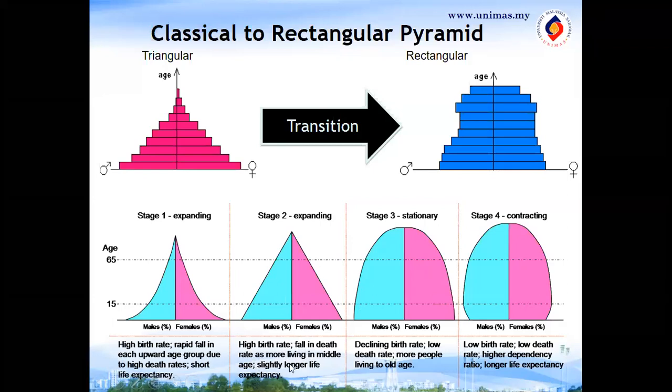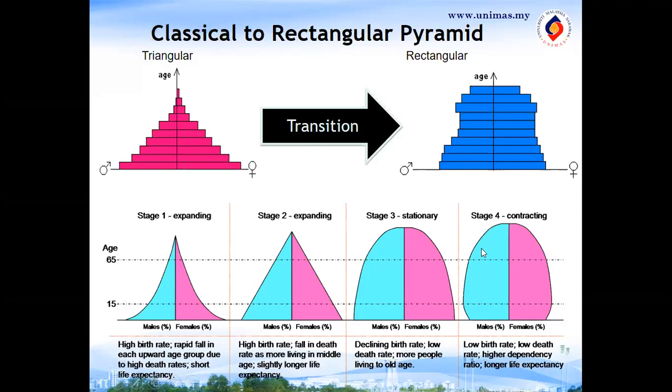Yeah, so, right, fall in death rate is more living in middle age and slightly longer lifespan. And then moving forward, go to stage 3. This is where there is a declining birth rate, yeah, from high to lower birth rate, and death rate maintains low, and more people will be living to old age, yeah.